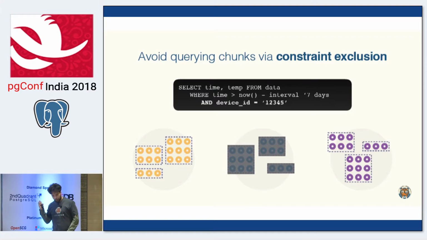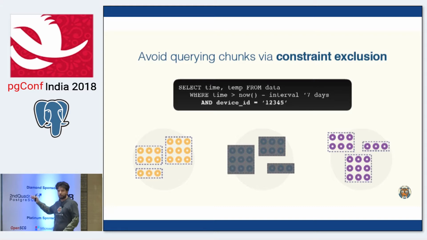On the query side, you can leverage Postgres constraint exclusion to figure out from your query which of these chunks you need to touch, so you avoid chunking all of them.